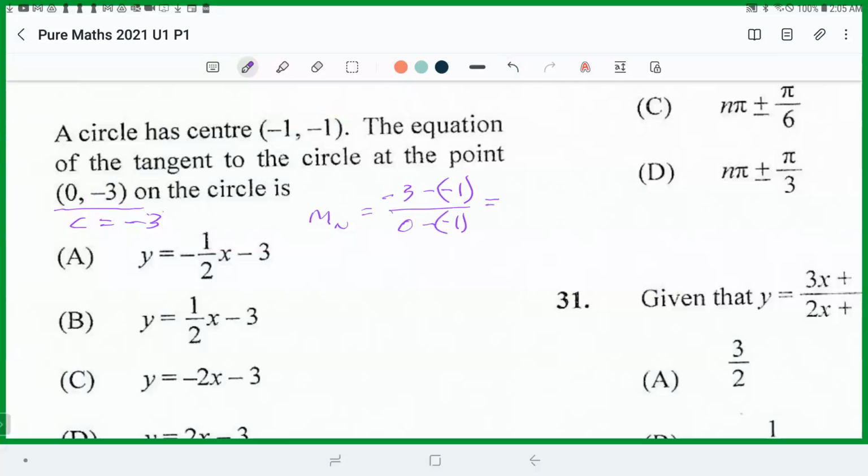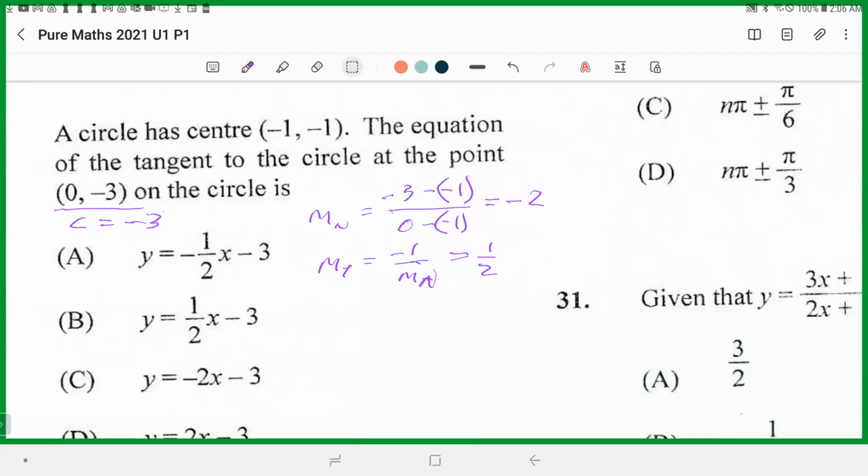So this becomes a 1 under here, and this is -3 plus 1, which is -2. Therefore, the gradient of the tangent is a half, which is -1 over the gradient of the normal, the negative reciprocal of -2, which is a half.